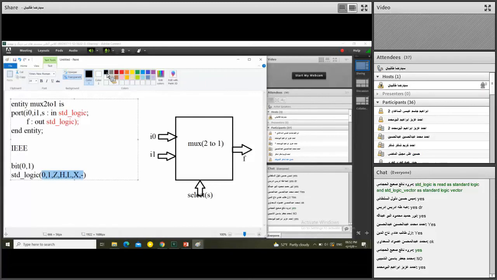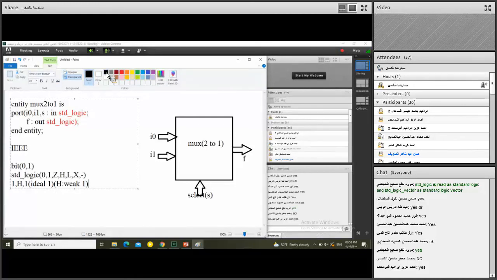Maybe you ask me what is the difference between, for example, 1 and high. They are the same with a very little difference. 1 is an ideal one, okay? But high means weak high or weak 1. They are really the same, but with a very little difference.